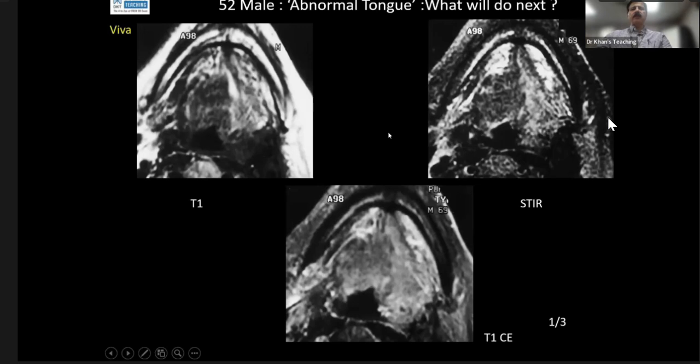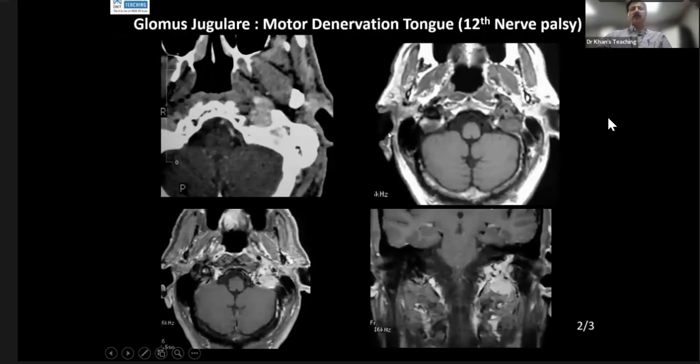Remember the anatomy, that hypoglossal canal is sitting next to the carotid space. So there might be a lesion at the base of the skull, which can cause motor denervation. And in this particular case, there was again a glomus jugulare which was causing it.